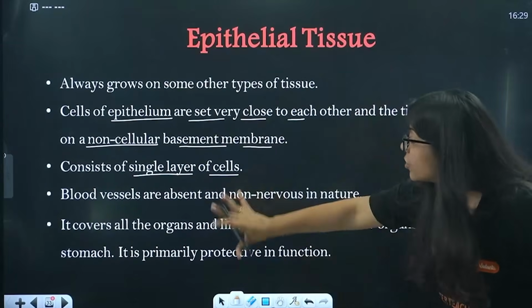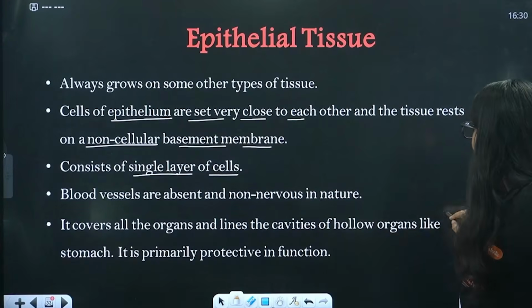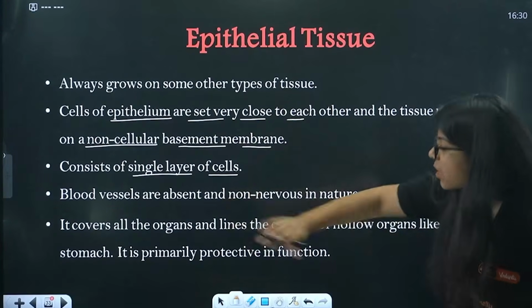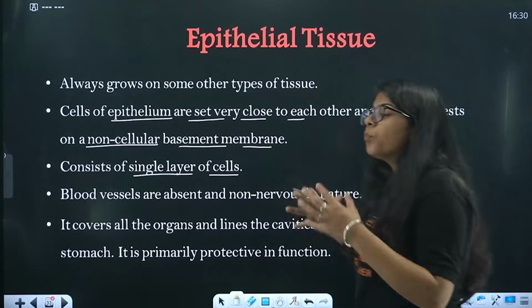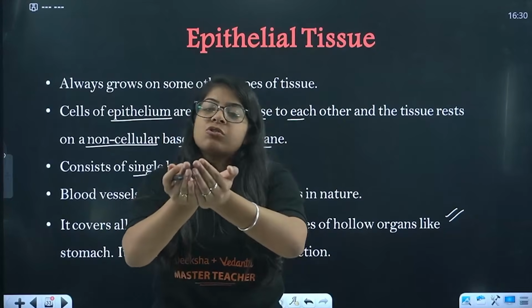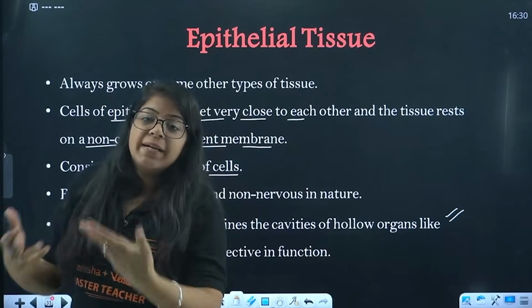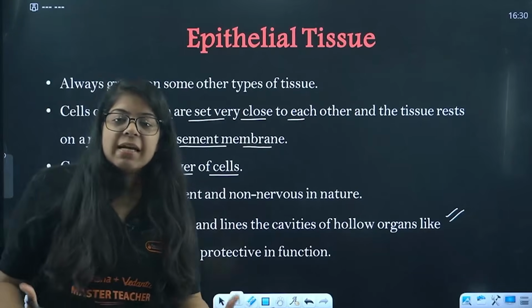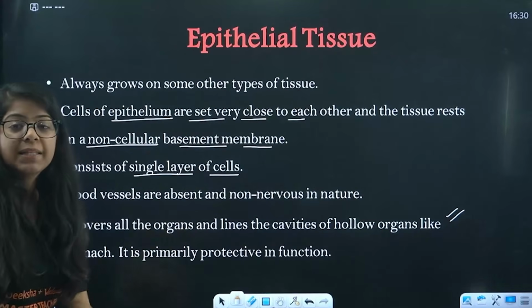Okay, so it covers all the organs and lines the cavities of hollow organs like stomach. It is primarily protective in function. So basically, to protect our organs, there is a covering of a tissue over those organs, and that is called epithelial tissue. Okay, so basically a tissue that protects all our organs is called epithelial tissue.